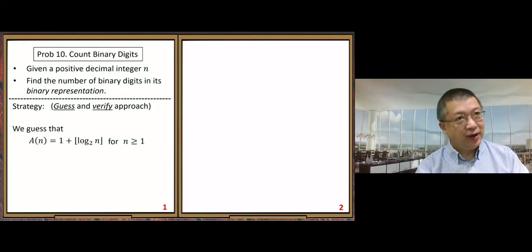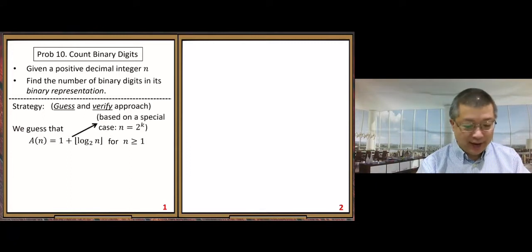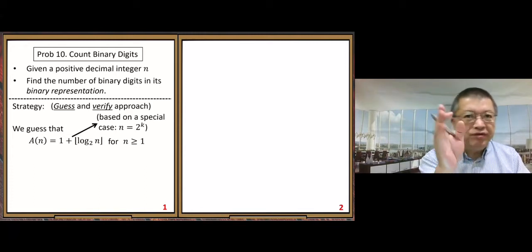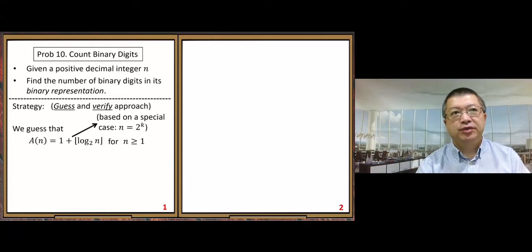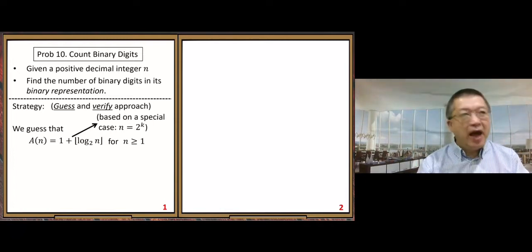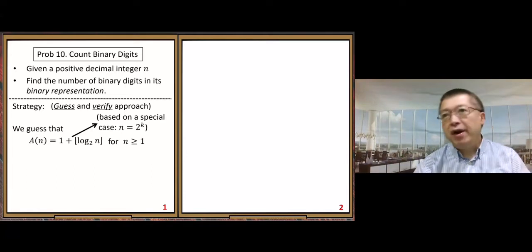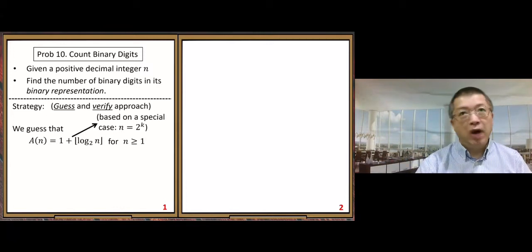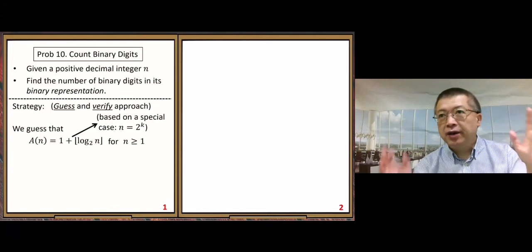We're very satisfied with this guess, but we need to verify it. We have a lot of work to do to show it is correct. Then we feel very comfortable, so later when we apply this formula, we have no problem. We know it is 100% correct.